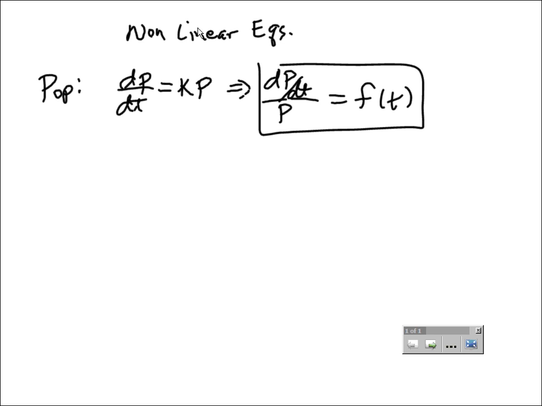The p down here vanishes, and it ends up here. So this here is our differential equation for population when it's nonlinear.